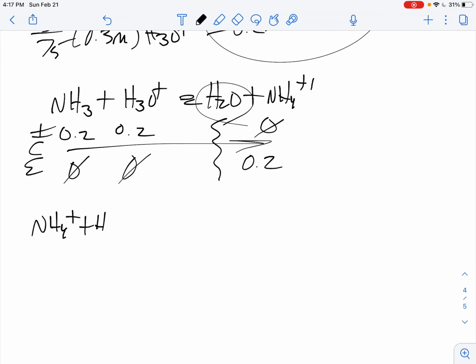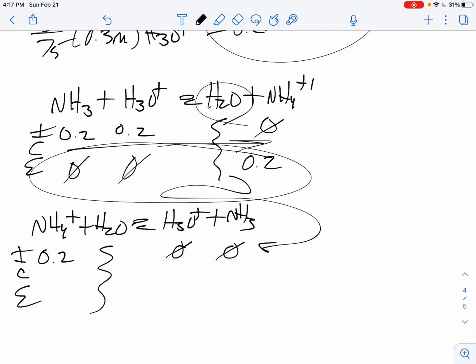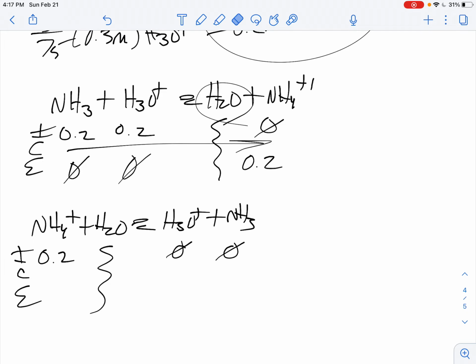NH4 plus water is going to come over here to form H3O positive and NH3. And I've got an I, a C, and an E. I'm going to start with 0.2, 0, and 0, which were my ending points. I'm just going to restart those there, except that they are now backwards. On the right was left, the left was right.